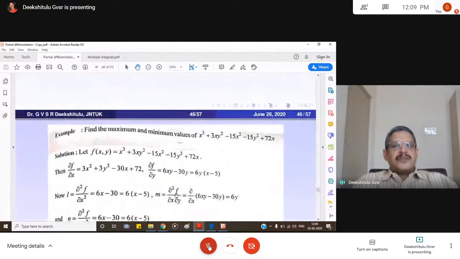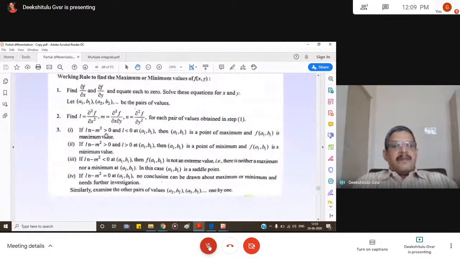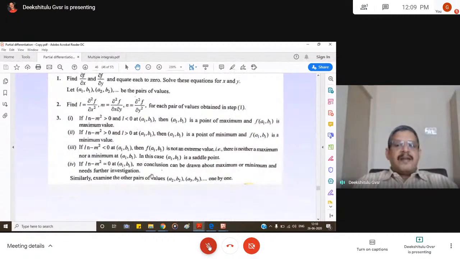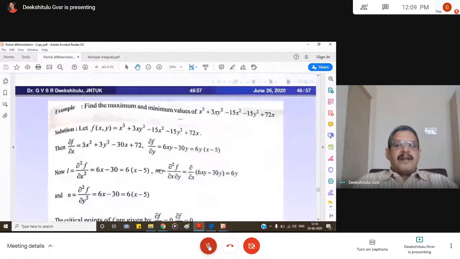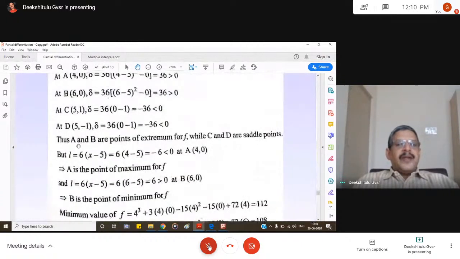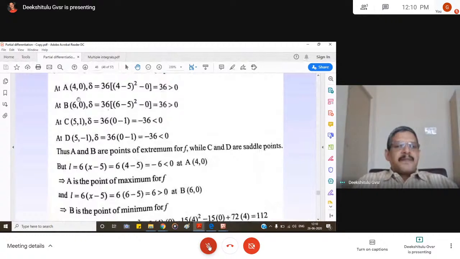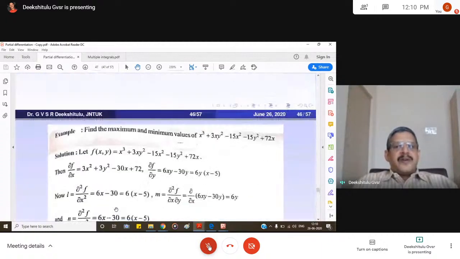What is the condition we have? Ln minus m square greater than 0, and then we have to check for L less than 0 or greater than 0. So at A and B, this delta is greater than 0. That means A and B are points of extreme values for f, while C and D are saddle points.